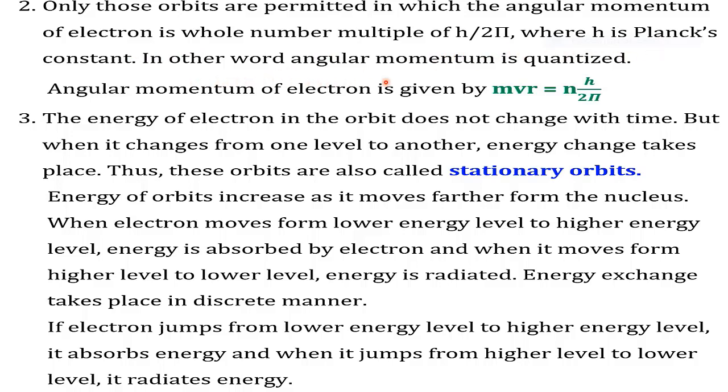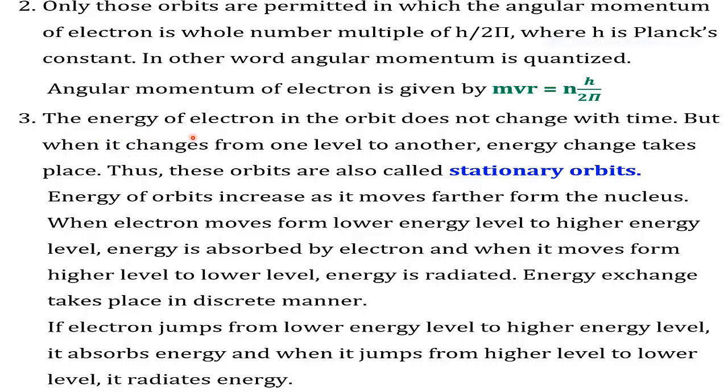In other words, the angular momentum is quantized. The angular momentum of the electron is given by mvr = nh/2π. m is the mass of the electron, v is its velocity, and r is the radius of the orbit in which the electron is revolving. n is the number of the orbit from the nucleus and h is Planck's constant. The energy of the electron in the orbit does not change with time.